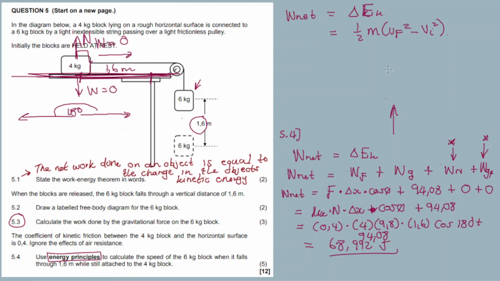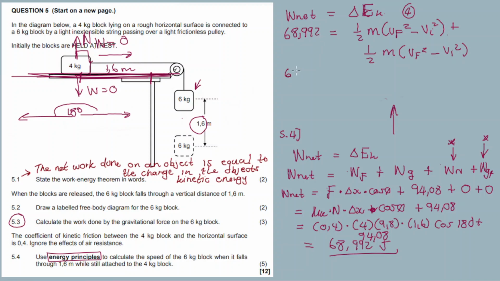And this is for the 4 kg block. Remember there are 2 blocks and they both move, so it's a 2-body system, so we have to add the change in kinetic energies for both blocks.